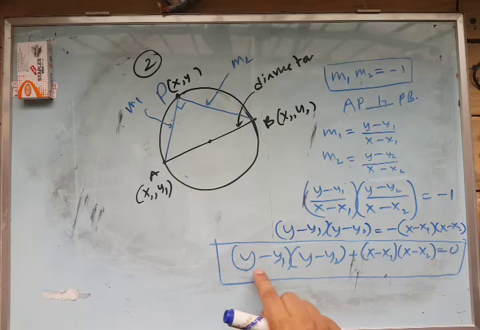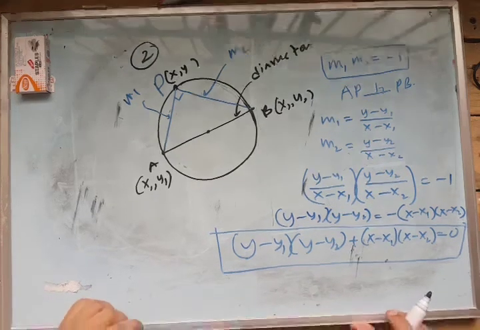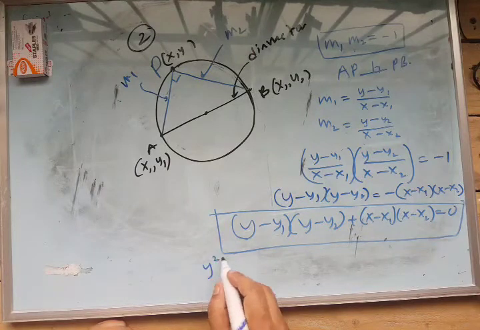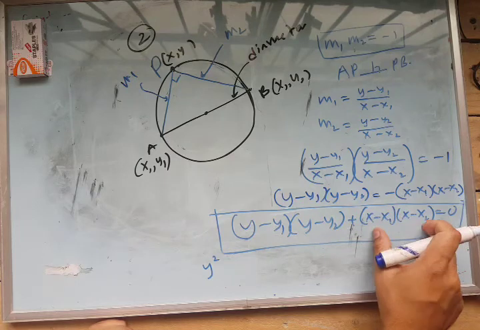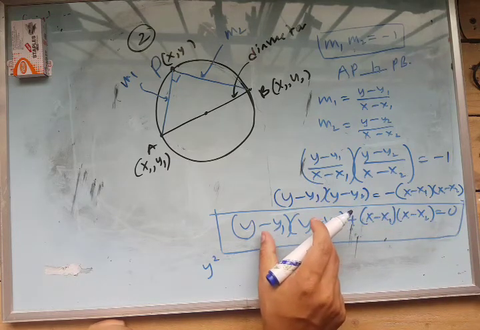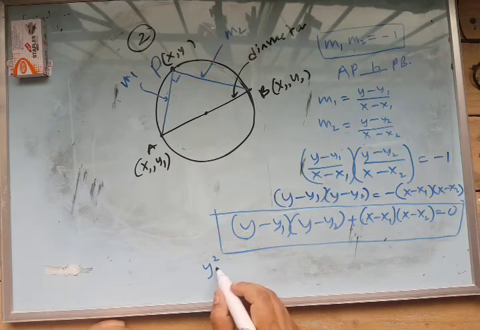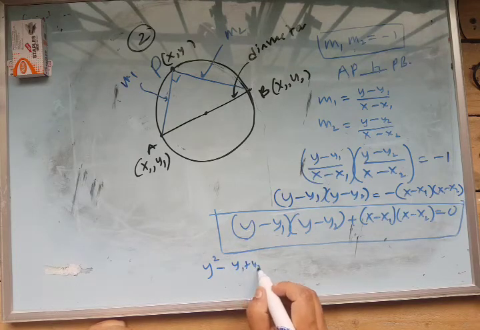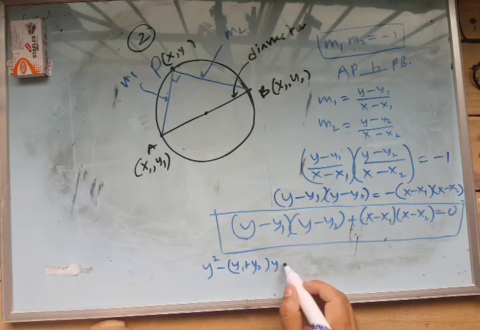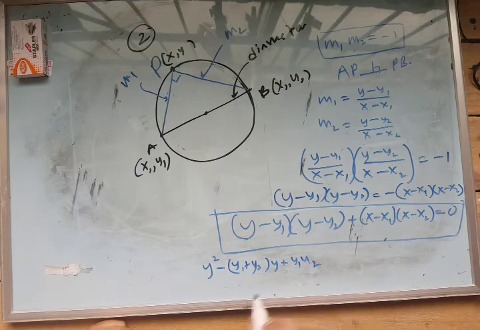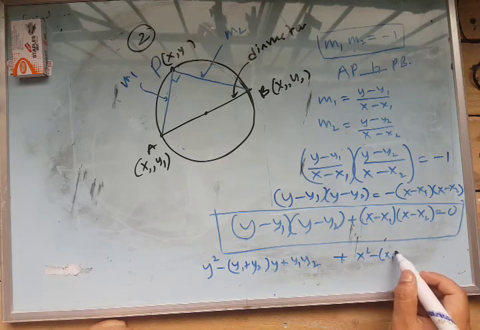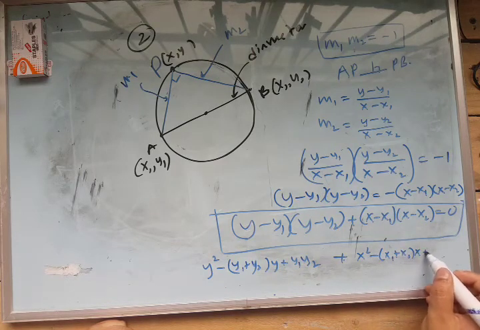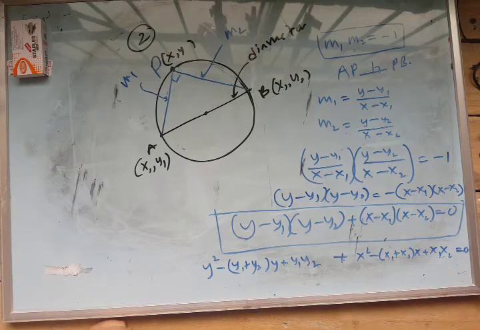If you expand this, you would obtain y squared. This is a quadratic equation in y, and this is a quadratic equation in x. If two factors of a quadratic equation are given, you can write it as y squared minus (y1 plus y2) y plus y1 y2, and x squared minus (x1 plus x2) x plus x1 x2, equal to 0.